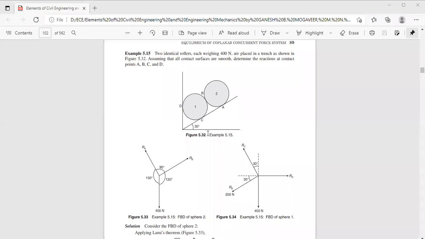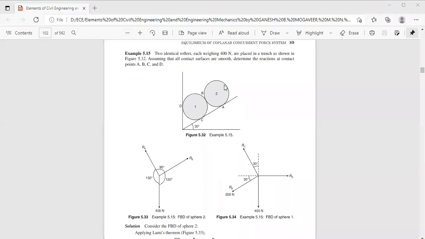So I think the weight of sphere 2 is 200 Newton, or else there is a printing mistake. Again, this is the reaction from this one. So anyway, first what we shall do is, because here you have four unknowns.